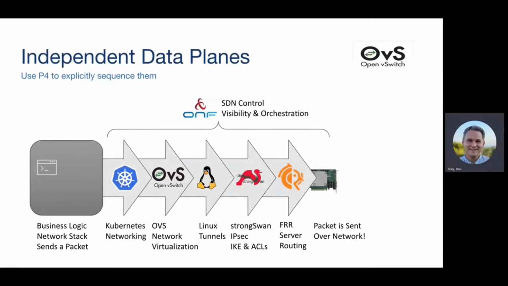And then once that data is about to be sent out of the system, we might want to use routing all the way down to the server to be able to pick that uplink, pick the next switch to send that packet to for redundancy reasons. And so I've gone through all of these different data planes to the point where I finally can send that packet out over the network.